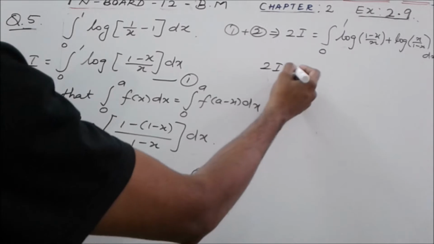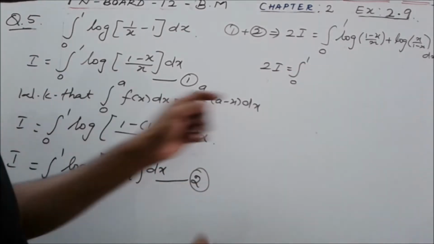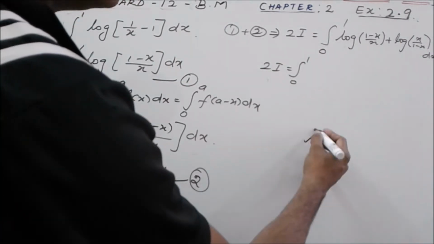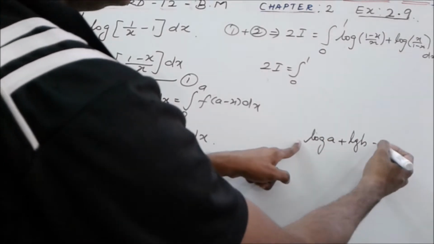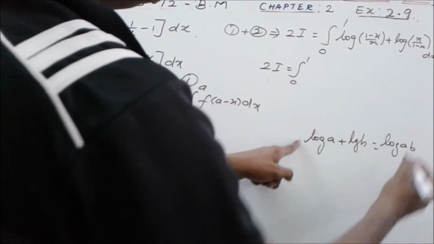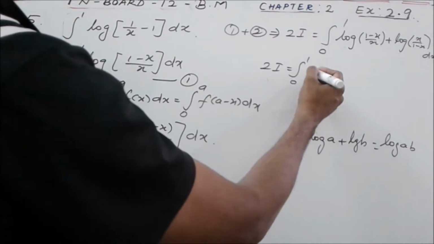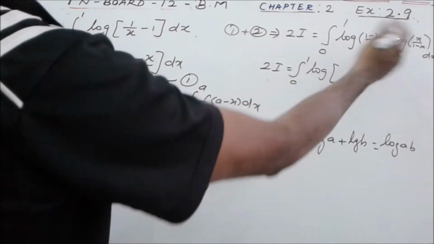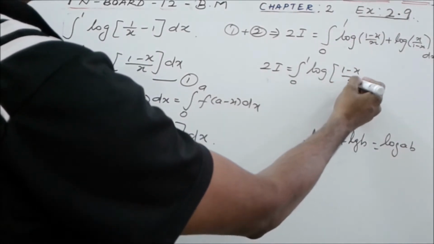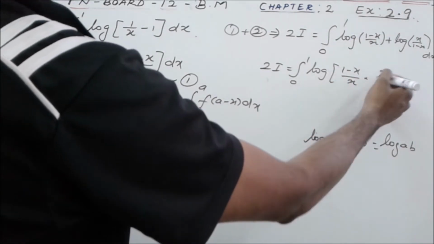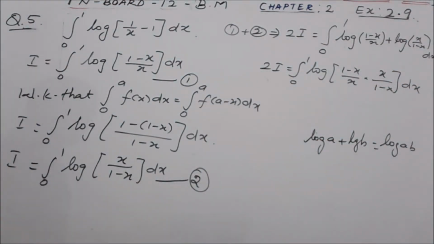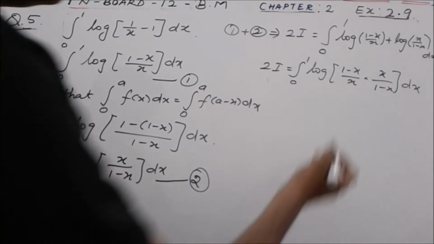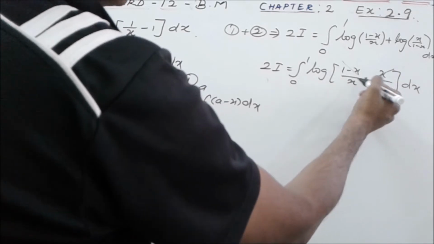Now 2I equal to integral 0 to 1, we have a logarithmic formula: log a plus log b equal to log of ab. So we can multiply these two. So log of a into b, (1 minus x) by x into x by (1 minus x) into dx. Now look at the terms inside the bracket. Here 1 minus x, 1 minus x and x get cancelled.